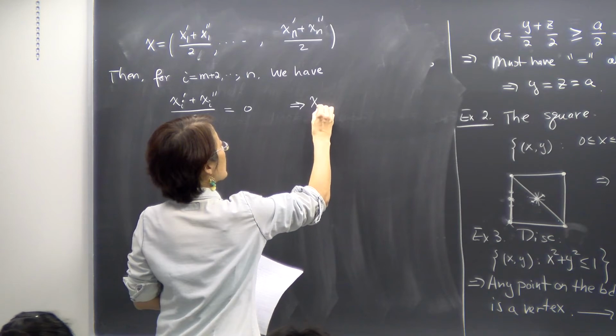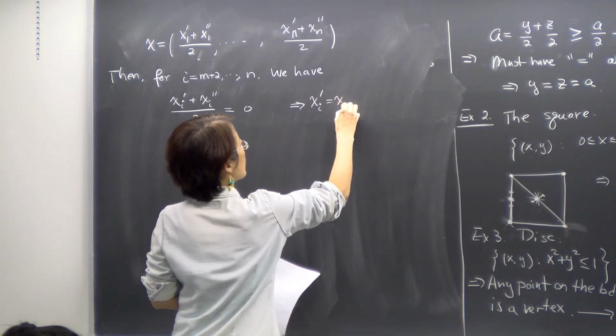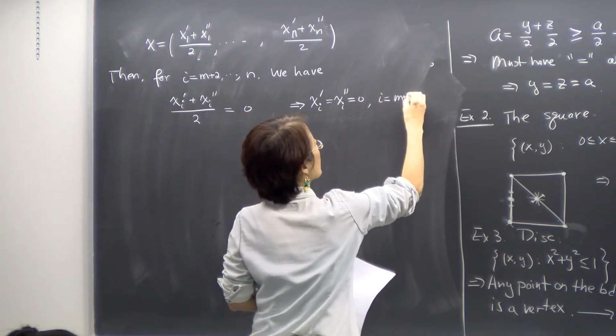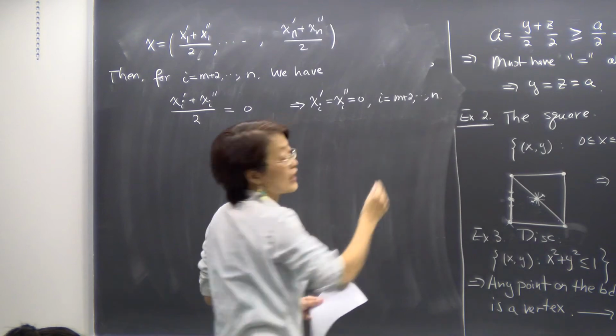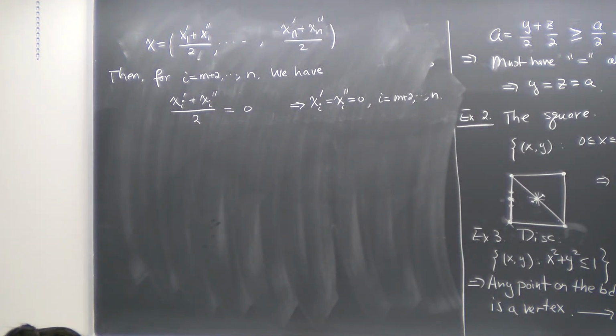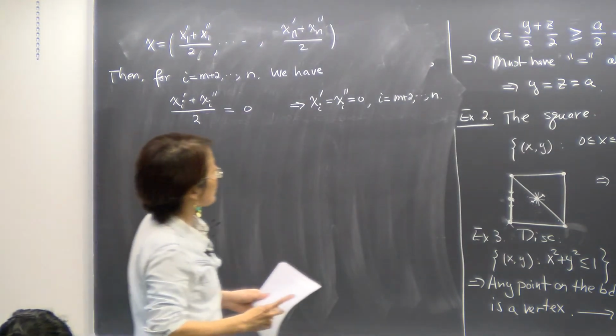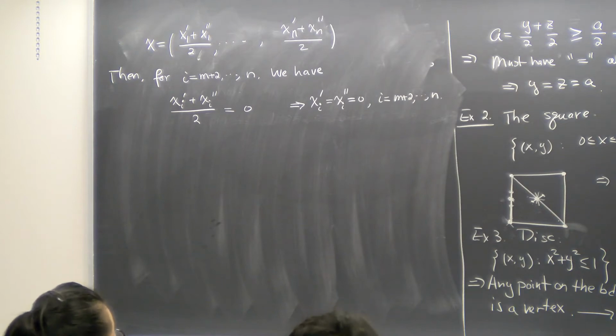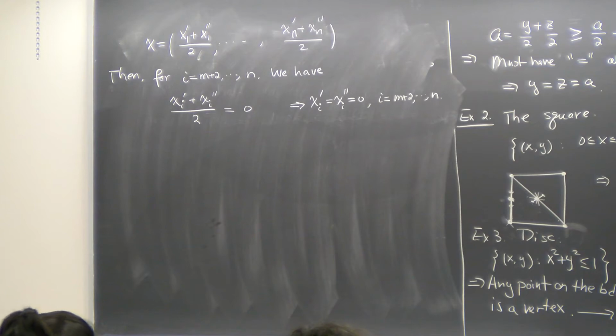Is that right? xi prime and xi double prime are all 0 for all those positions, m plus 2 to n. Which means x prime and x double prime will have the last n minus m minus 1 positions all 0, meaning they are in the form star. Is that right? With the 0 here.